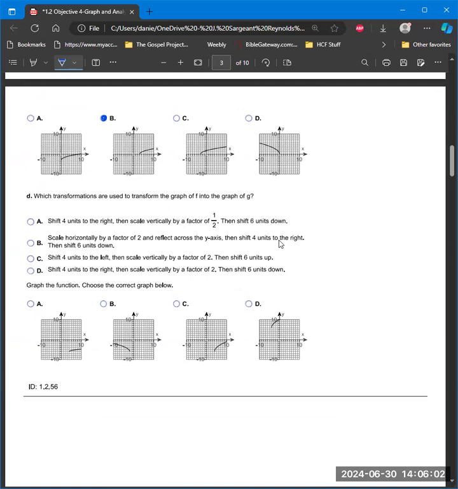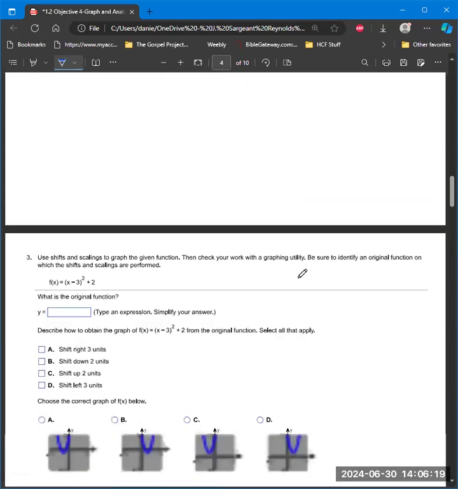That's D. And 4 units to the right, scale by a factor of 2, and then shift 6 down. That's C. All right.